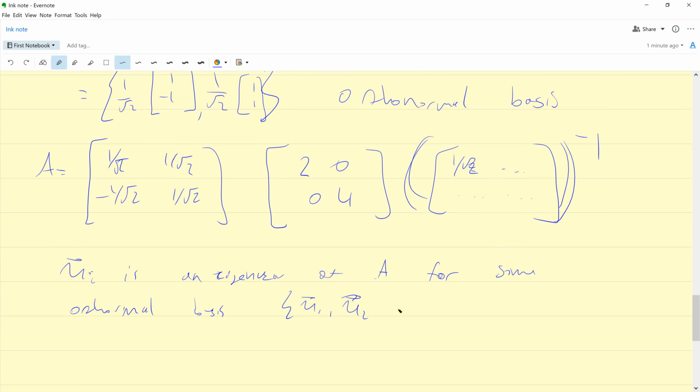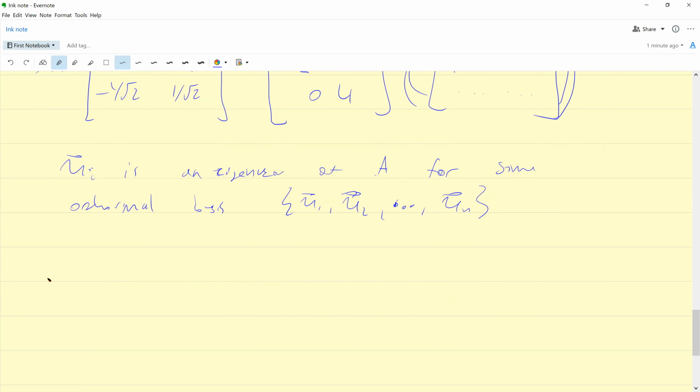So we're saying that when A is symmetric, we always have this orthonormal basis of eigenvectors. Given this basis, we can write A in a really nice form.